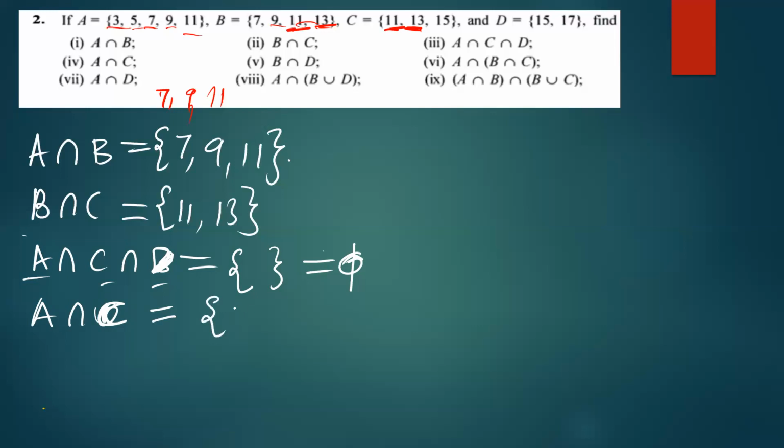The common thing in A and C is 11. We have 11 in A and it's also in C. Since you only have one element, we call that a singleton set. Any set that consists of one element is called a singleton set.